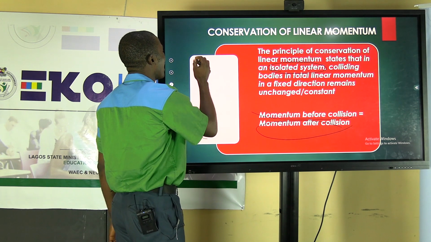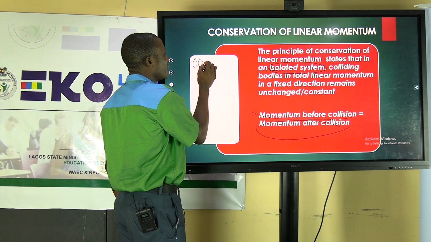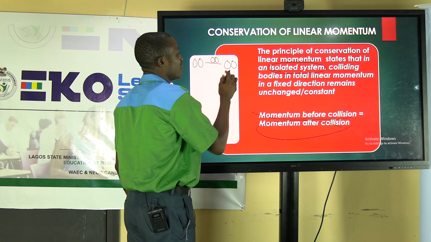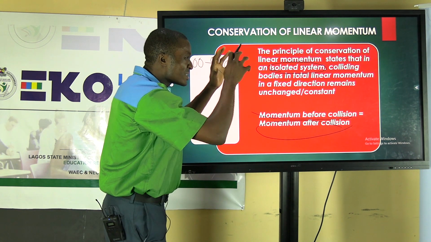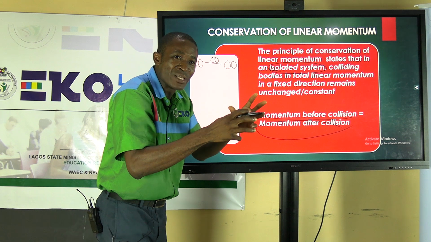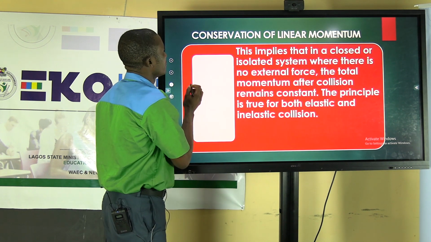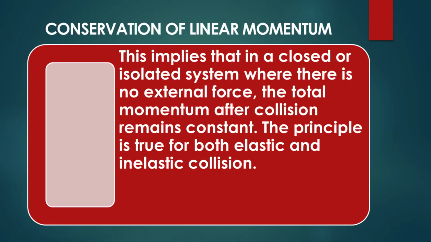If you have two bodies colliding, the momentum they have before colliding will be the same momentum after colliding, irrespective of whatever happens, once there is no external influence coming into this collision. Like I said, this means that total momentum is constant, and it is true for all the types of collision that we have.